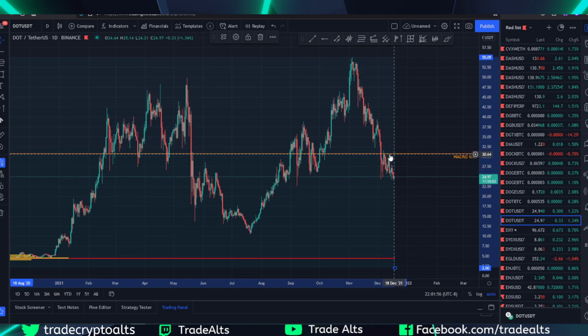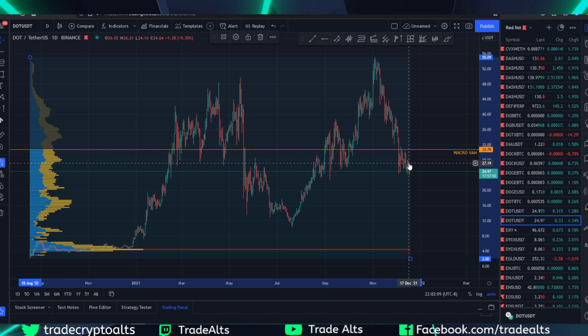Just because we have acceptance below the macro value area high, obviously that tells me that this is a bit more bearish at the moment, as long as you're below it. But I am not looking for the next target to be $4. That's absolutely not going to happen.